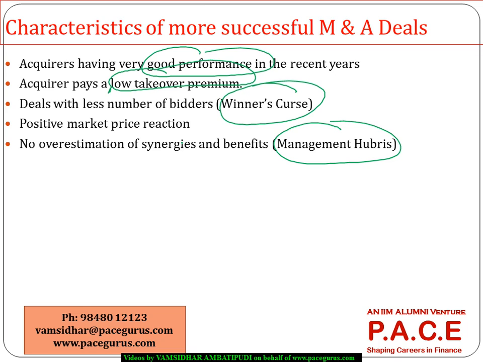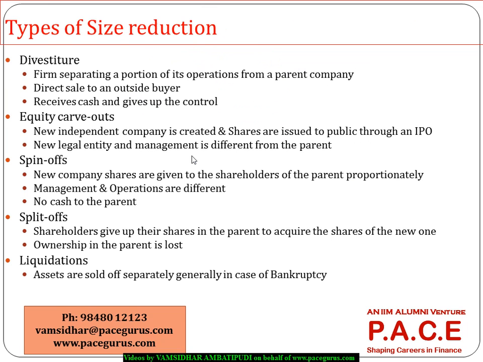So wherever the deals had very few bidders, they became more and more successful. And at the same time, if the market is reacting very positively to this particular transaction, the deal becomes more effective and successful.